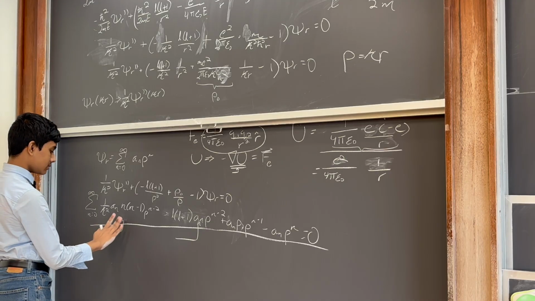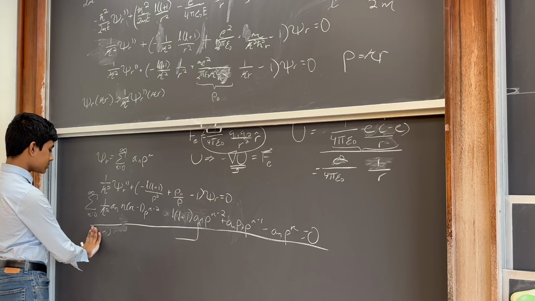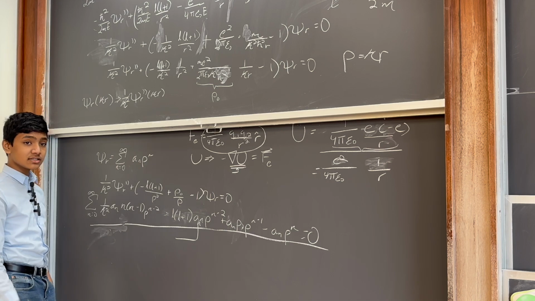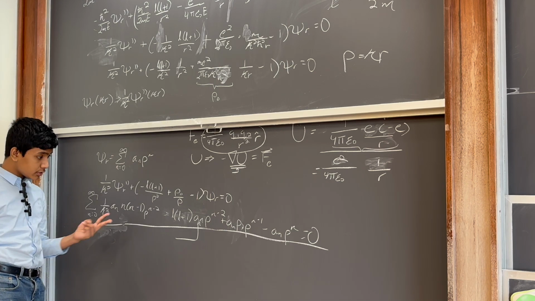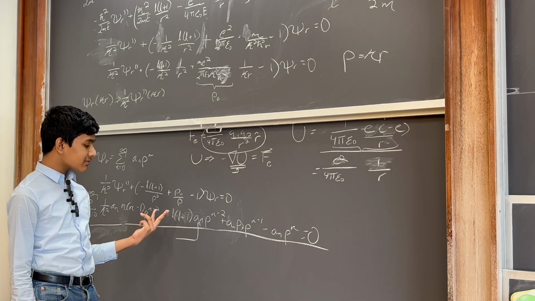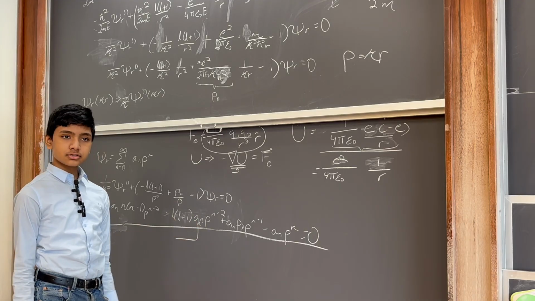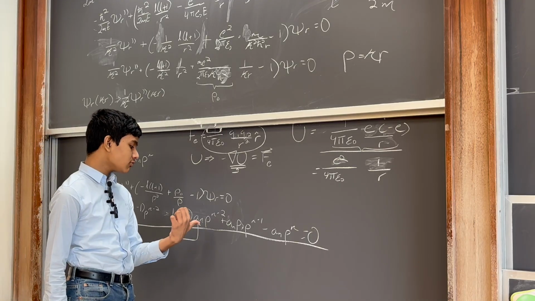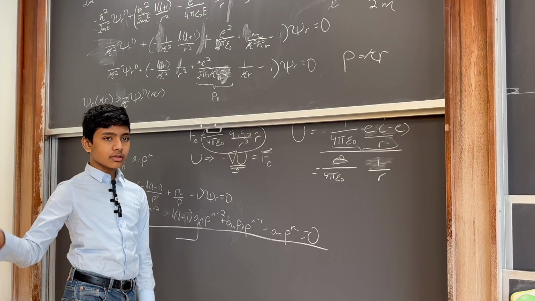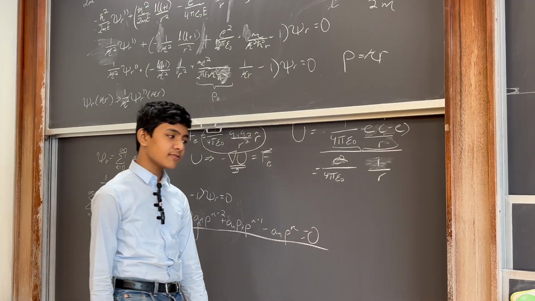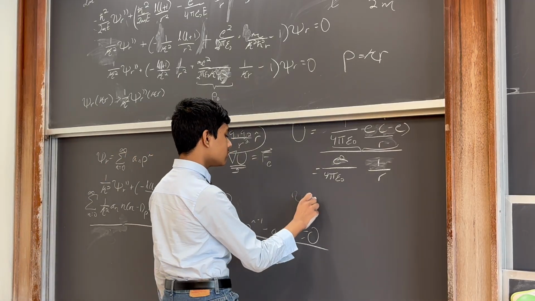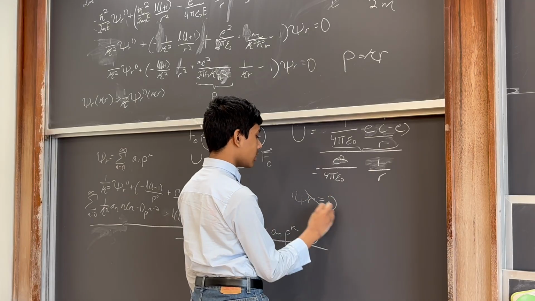Oh, well, actually, there's not 2, there's just 1. In fact, that makes things worse, because if there were 2, they could cancel each other out. But now that there's just 1, and there's no way for it to be 0 other than a0 being 0, which would force all other coefficients to be 0 and give us the trivial solution of psi r equals 0, which is definitely not what we want because it's non-normalizable.